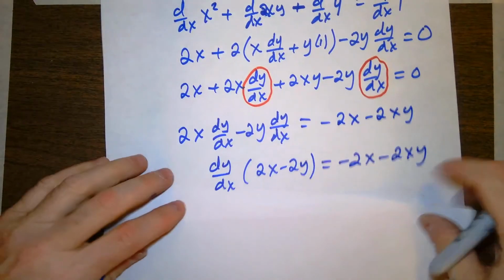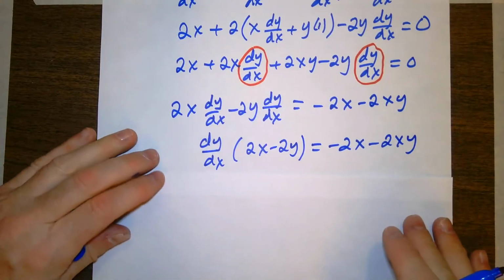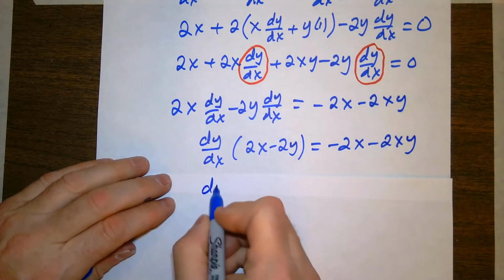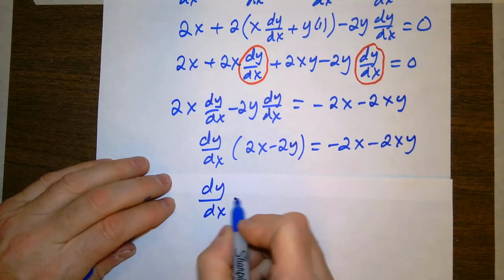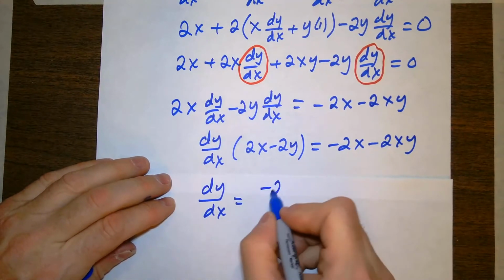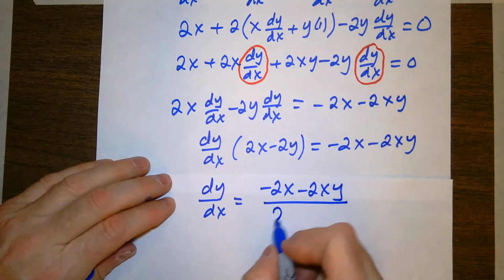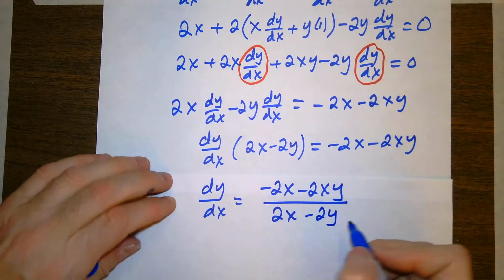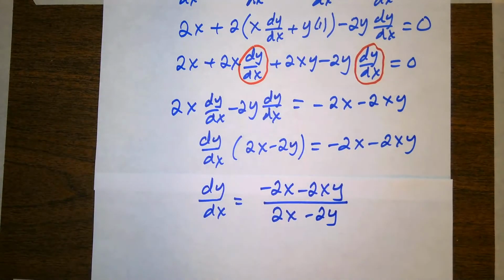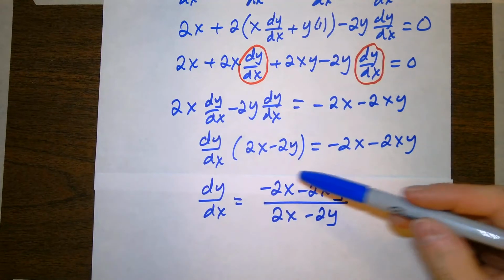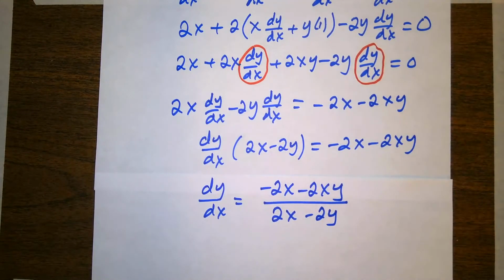Dividing. There it is. There's my derivative, my nice, well-behaved derivative. I noticed I could factor a 2 out of the top and a 2 out of the bottom and simplify it a little bit if I wanted to do that.